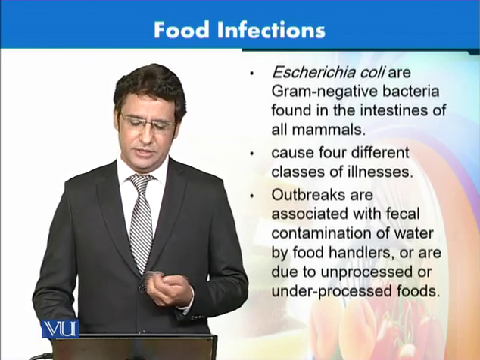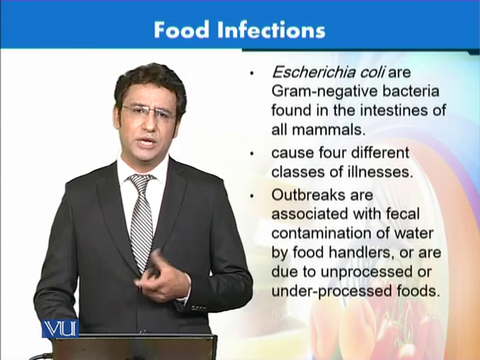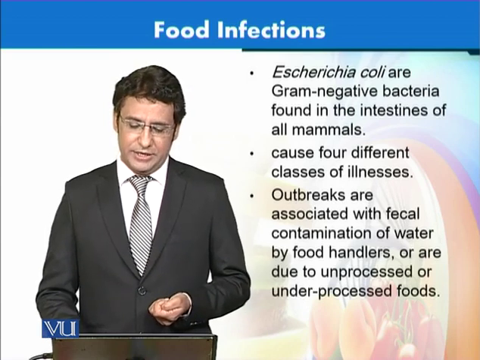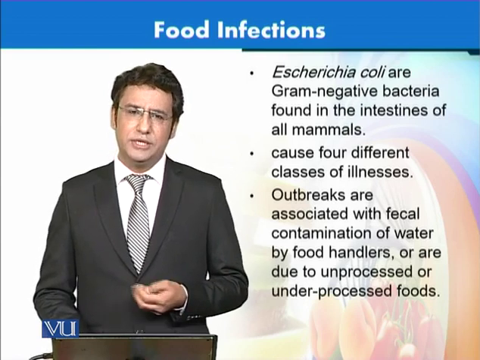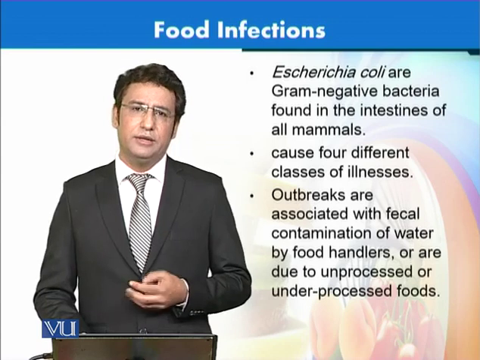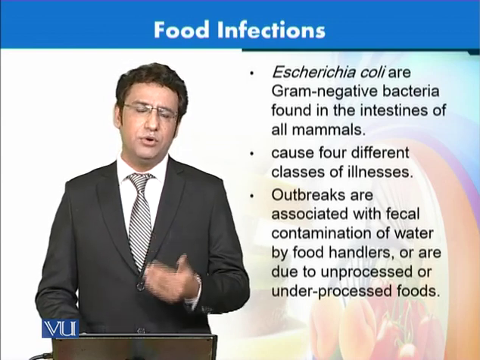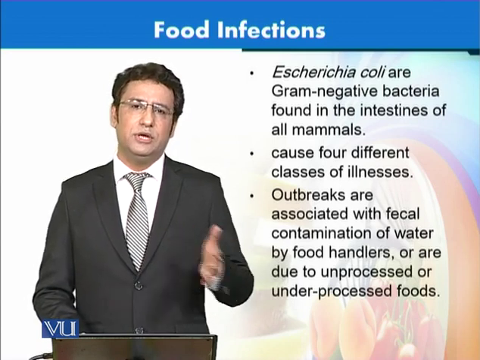E. coli is another microorganism which can lead to four different classes of diseases. It is a gram-negative bacterium, found in the intestine of mammals. The outbreaks, again, because it is found in the intestine, are mostly through the fecal-oral route.